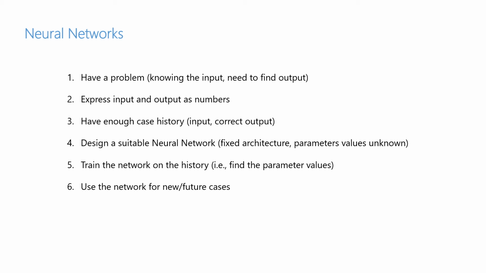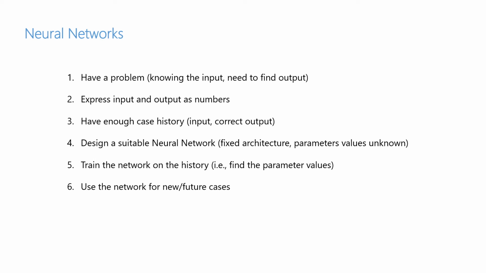If we have these, we then design a suitable neural network model, for the kind of feed-forward or dense networks that we have seen. It could mean choosing the number of layers, the number of neurons for each layer, the activation function to be used, and so on.